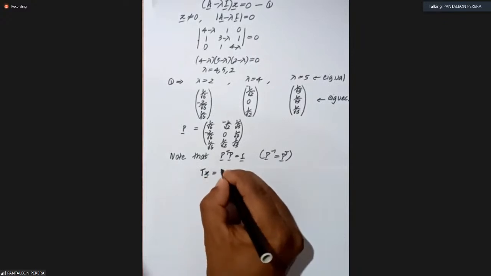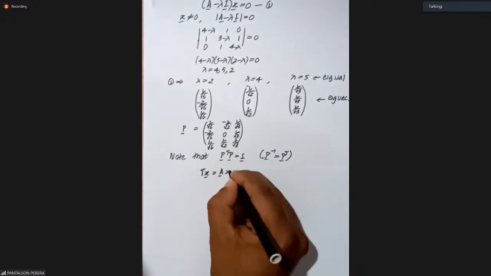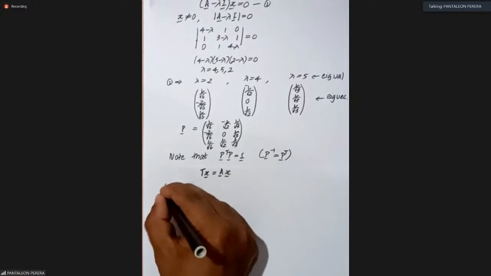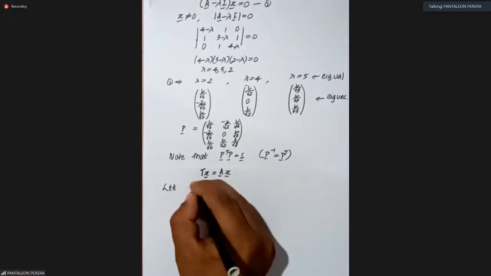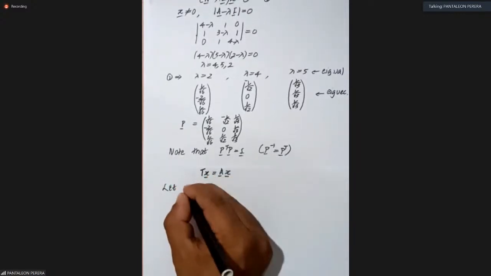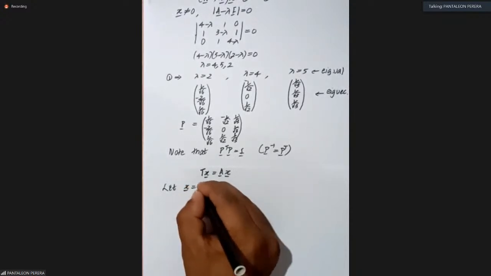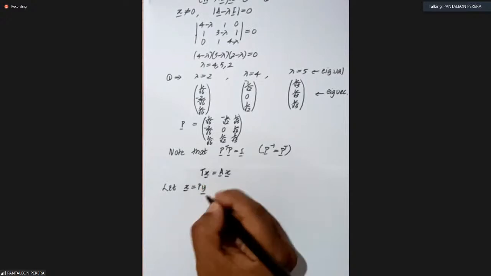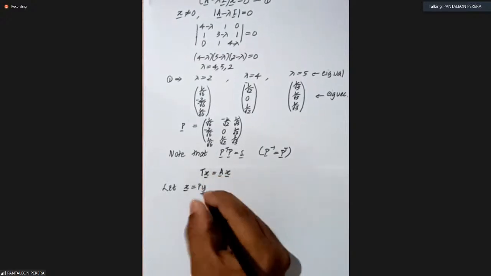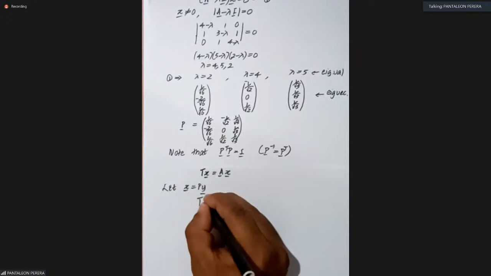Now I have formed a matrix P. Now I take X is equal to Py. I'm going to come up with the transformation so that I can make this look a little simpler.